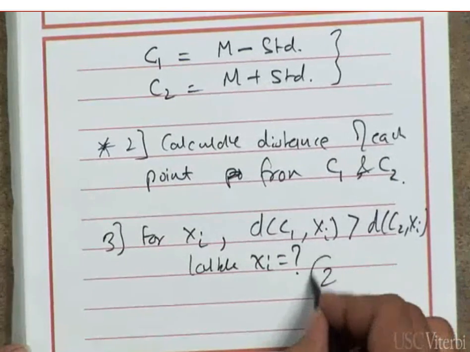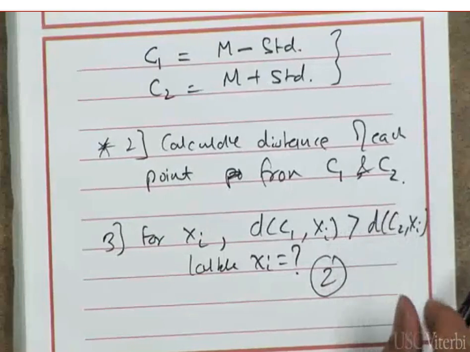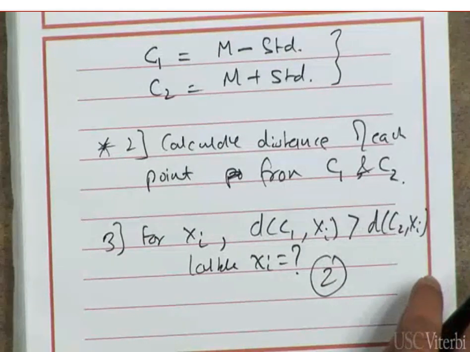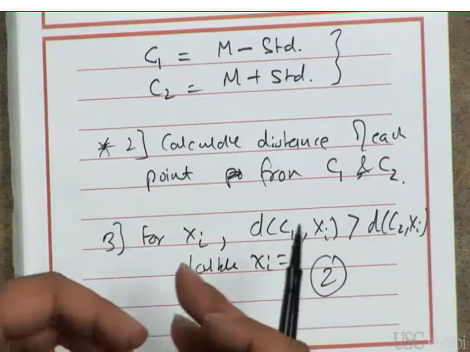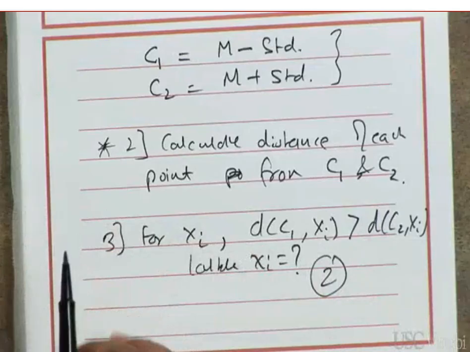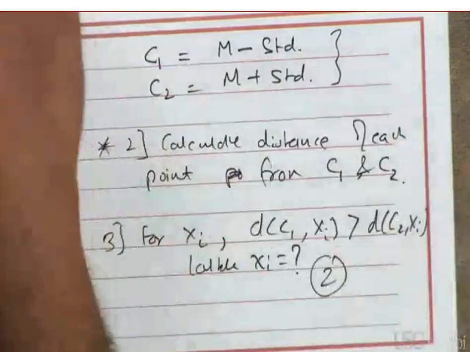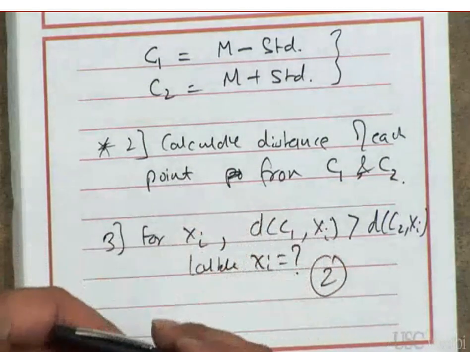Because it is closer to C2. I'm assuming that this is k equals to 2. If you have k equals to 5, you'll have a different initialization method. You'll have 5 cluster centers, and everything will be exactly the same. You have to assume a k because it doesn't know how many clusters you want. So for k-means, you have to specify the k.